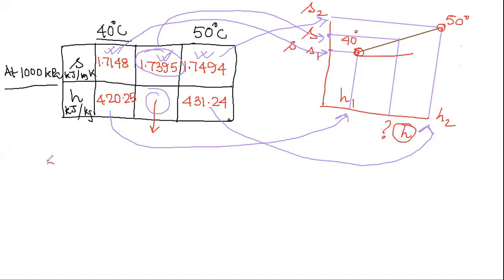That is x minus x1 by x2 minus x1 equals y minus y1 by y2 minus y1.